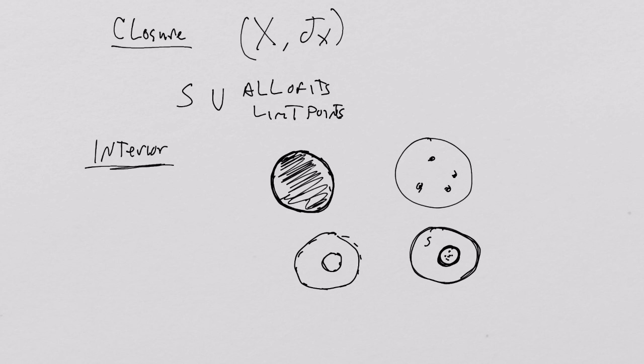The interior of a set has a formal meaning, but a point P is in the interior of a set S if, here's a set S, here's a point P, if I can find an open set containing P that is a subset of S. So if I call that UP, if I can find a UP that's a subset of S, then P is an element of the interior of S. And sometimes the interior of S is given by this little symbol here with this little zero up there.